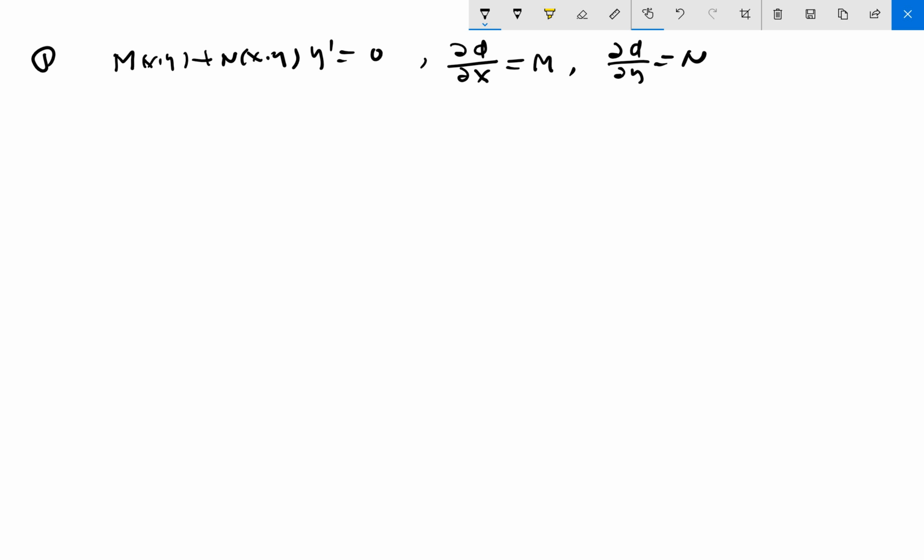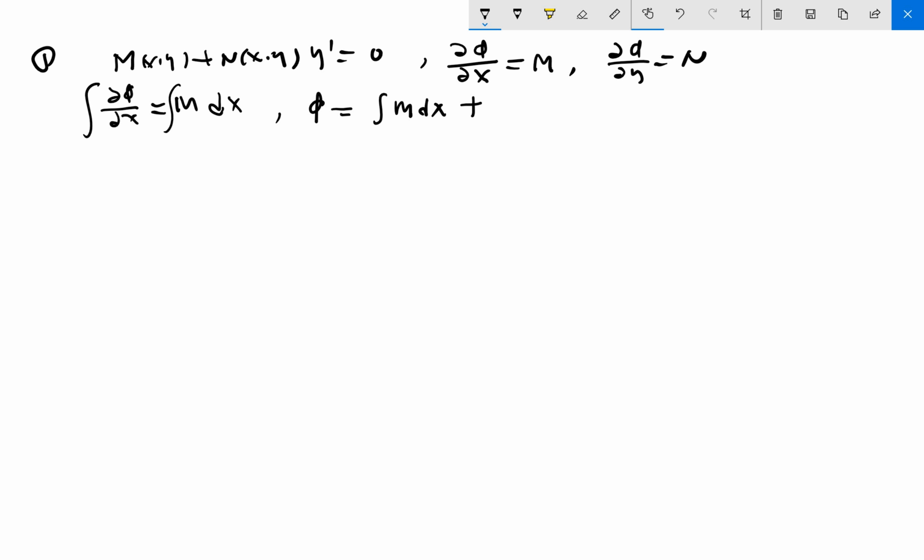So what do we mean by partial phi with respect to x equal to M? That means we can find such a phi. What do we need to do? Integrate this one on both sides with respect to x. So the left-hand side gives you phi. The right-hand side gives you the integral of M dx plus, normally, a constant.